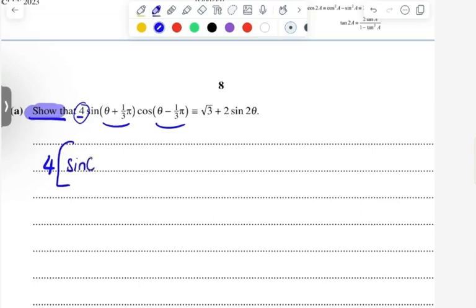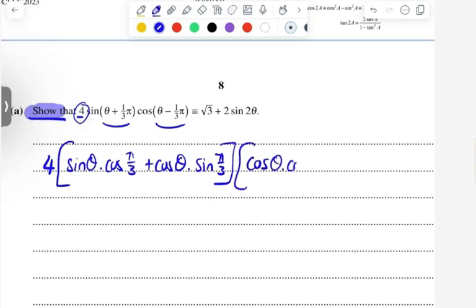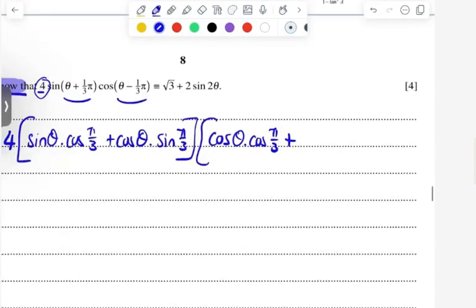Okay, so I've got my sine theta cos pi/3, plus cos theta sine pi/3. That's my expansion of my sine, and that is multiplied by, well, actually let's put this whole thing in brackets, multiplied by cos theta cos pi/3, and then sine always goes to the opposite sign.